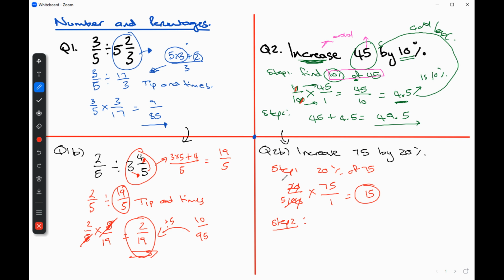Step 2. We take 15 and we add it back onto the original, right, we add it back onto 75. So 15 plus 75 comes to, that's better, 90. My final answer here will be 90.